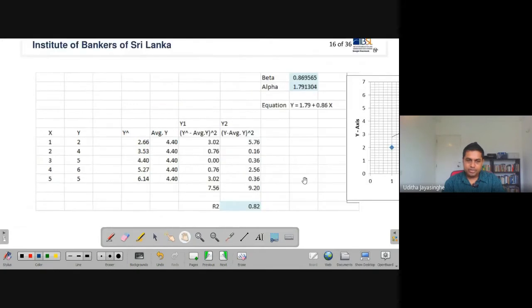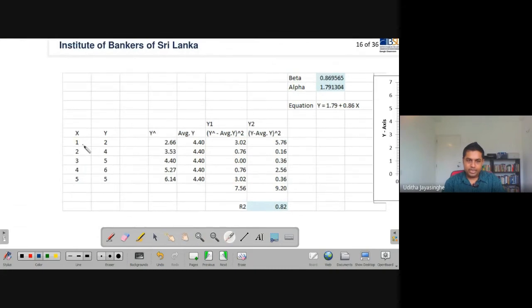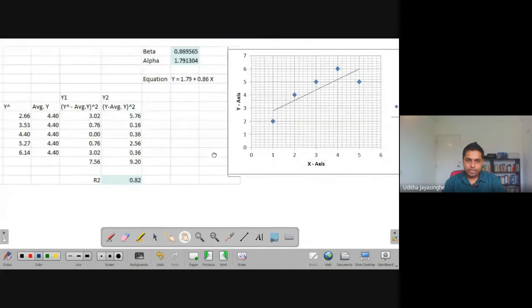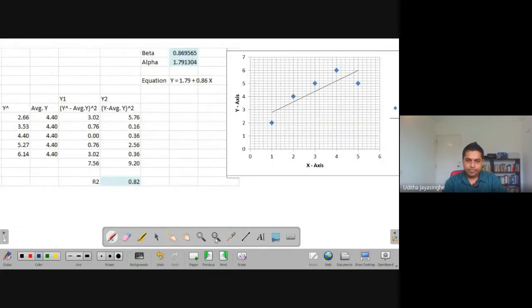You take the value 1 and plug it into this equation. Plugging in 1.79 plus 0.86 into 1, the answer is 2.66. This is the y hat.